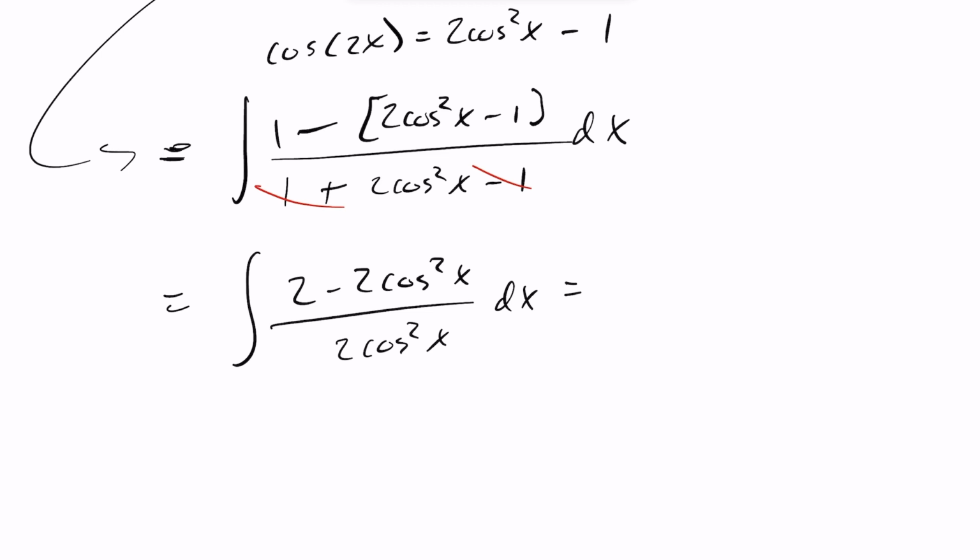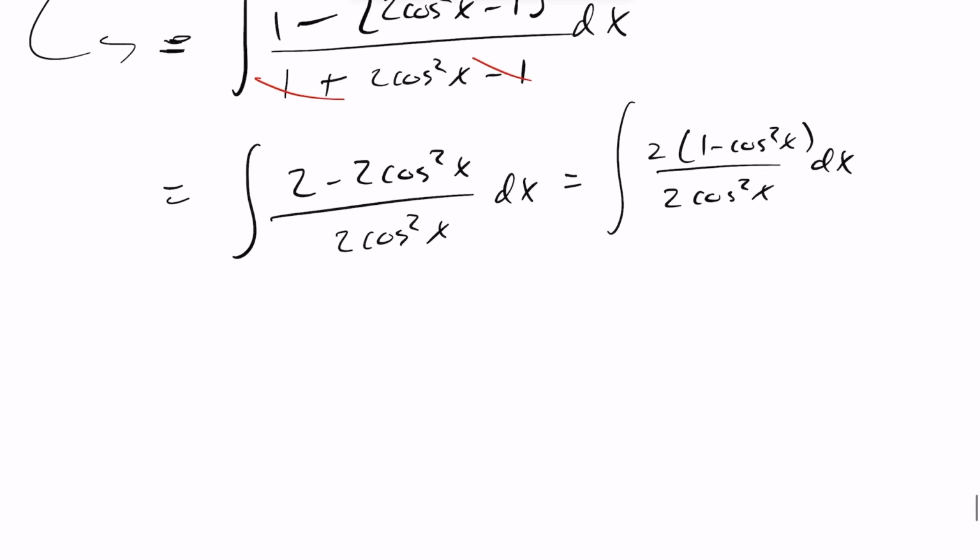And you can see here I can factor 2 out of the top and bottom. This will be the integral of 2 times (1 minus cos squared x) over 2 cos squared x, again with respect to x. Continuing on, the 2's will cancel.